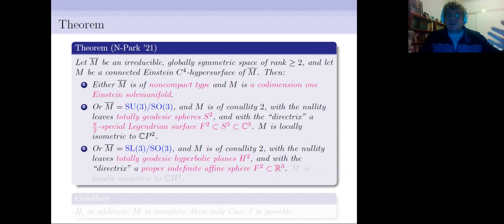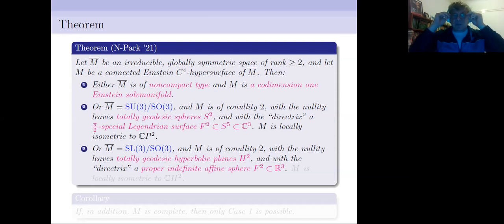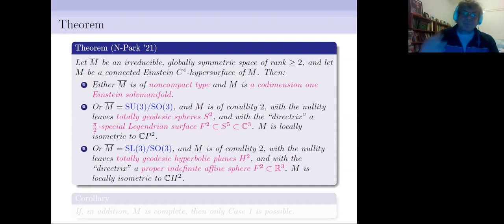And now its directrix, the surface which governs how all these totally geodesic fibers come together in your 4-dimensional hypersurface, is something coming from affine geometry, a proper indefinite affine sphere in the 3-dimensional space. And indeed, the hypersurface itself is locally isometric to CH2, right? So at the very least, it is Einstein.